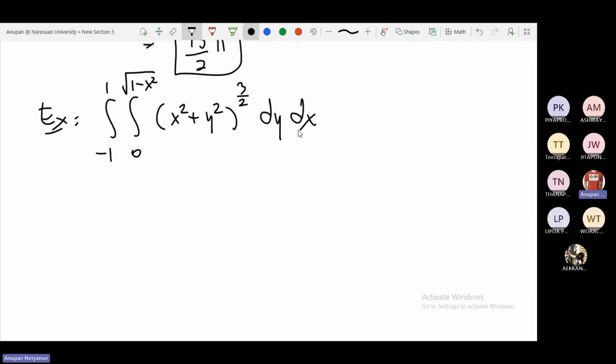Now, you can see that if you try to evaluate this integration, you might be able to do it, but you can see you have a square root over here when you plug it in for y, because it's the running number for y, right? After you do this integration, I'm not sure if you can do the integration, okay?